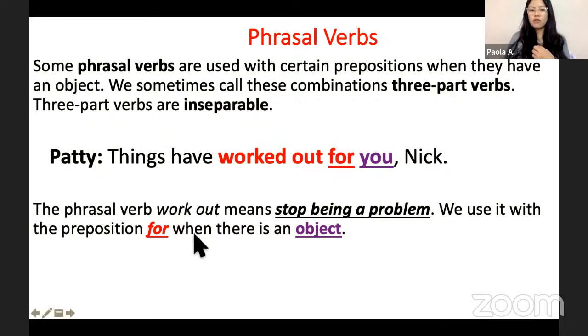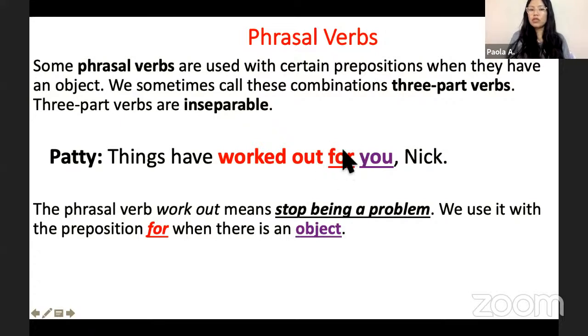And we use it for when there is an object. Things have worked out for, if you remember, we always use for to introduce the person, or in this case, it could be called an object.